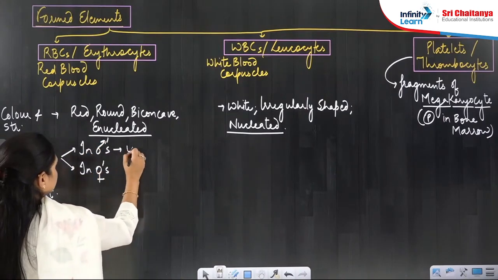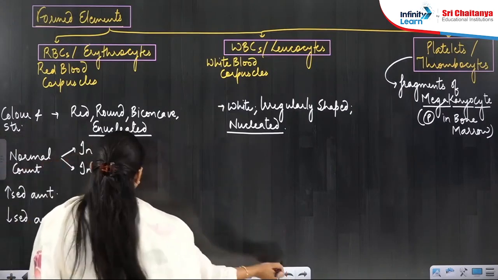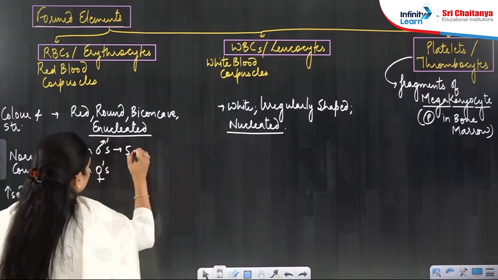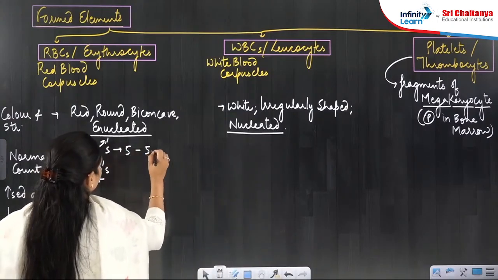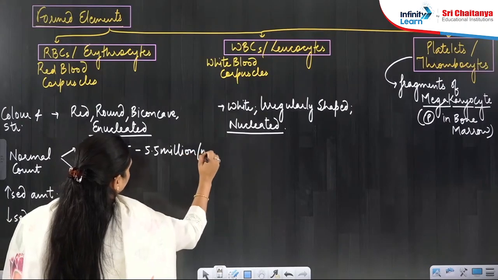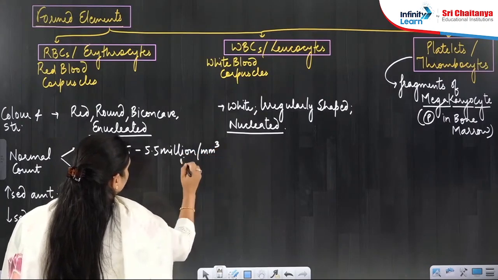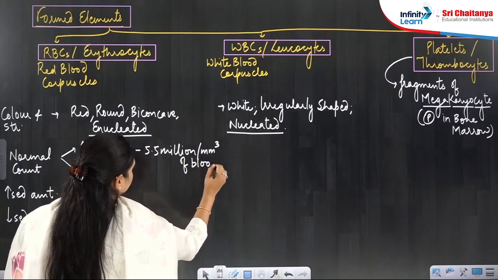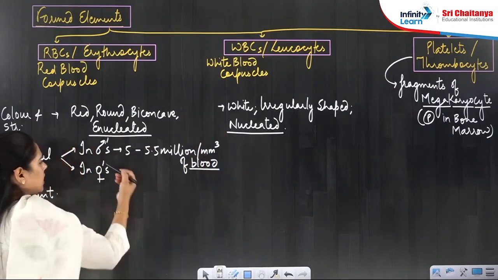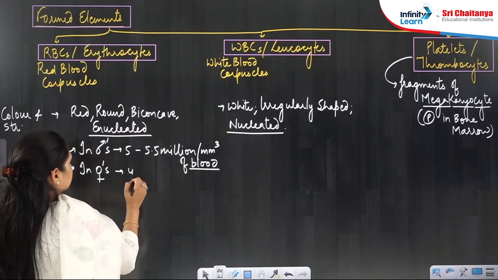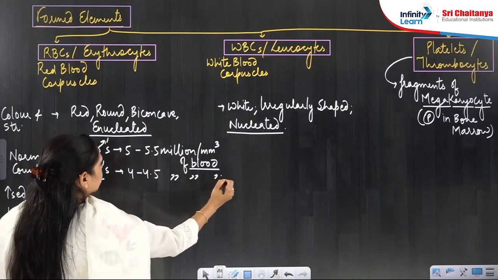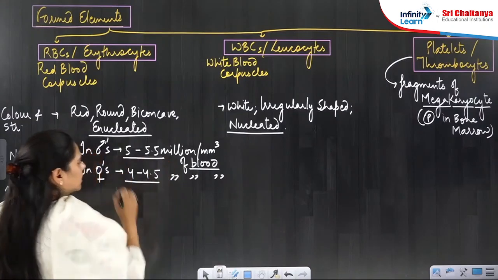In males, it is a little more than in females. It is 5 to 5.5 million per cubic millimeter of blood. This is the unit, per cubic millimeter of blood. In females, it is a little less, 4 to 4.5 million per cubic millimeter of blood.